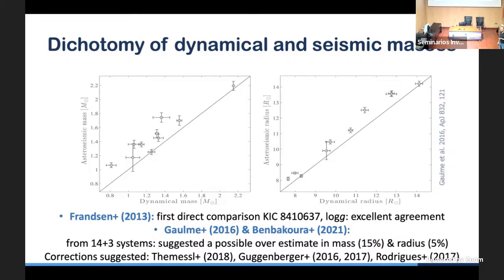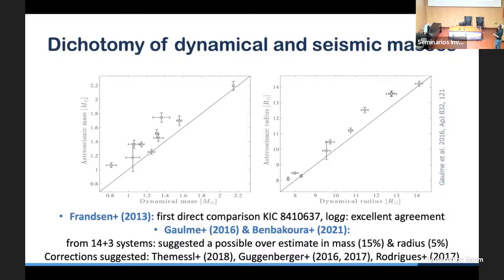On the radius, up to 5%. There is reason to believe that this is partly correct, but it's not a fully accepted pattern, because as a star is advancing up the red giant branch, a lot of effects are taking place, in particular non-adiabatic effects.